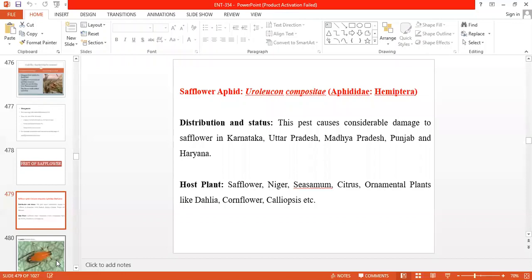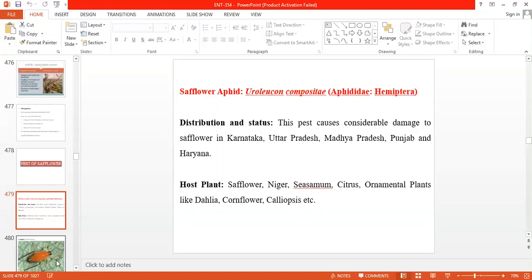Distribution: this pest causes considerable damage to safflower in Madhya Pradesh, Punjab, and Haryana states in our country. Host plants: safflower, sesamum, citrus, and ornamental plants like dahlia, cornflower, calendula, etc. Economic importance: it is the most notorious pest of safflower, reported from all areas of the state wherever the crop is grown.